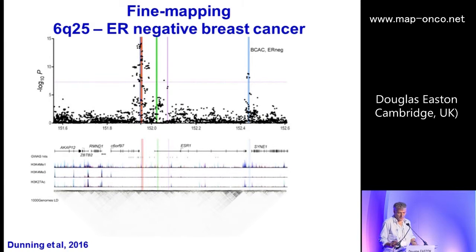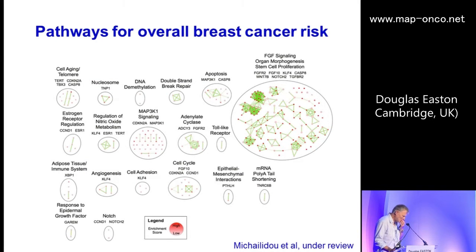So that's an example where we do appear to have a clear candidate gene, which is presumably the target of the association. There are a lot of pathways involved here.